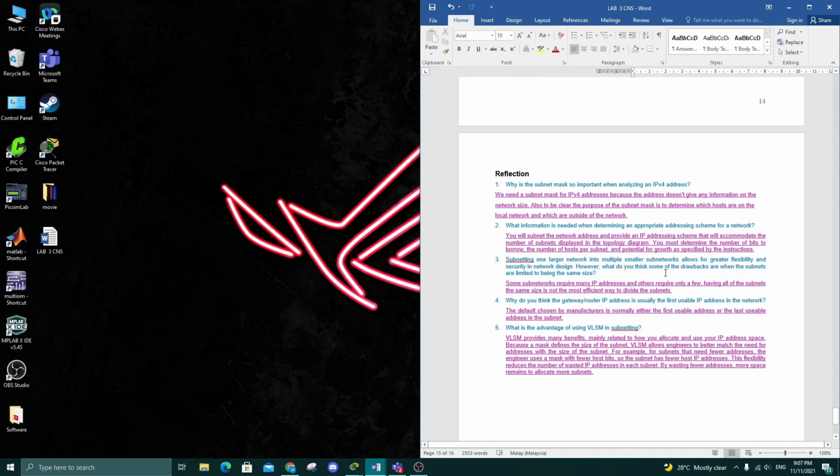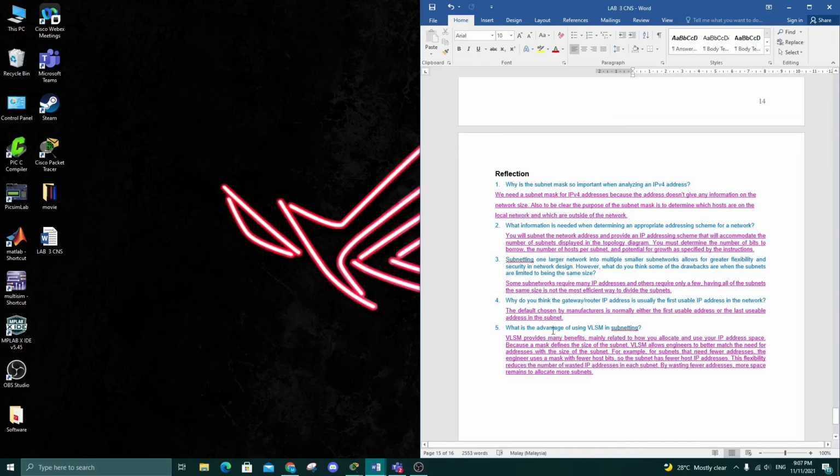Having all of the subnets the same size is not the most efficient way to divide the subnets. Question 4. Why do you think the gateway or router IP address is usually the first usable IP address in the network? The answer is the default chosen by the manufacturer is normally either the first usable address or the last usable address in the subnet.